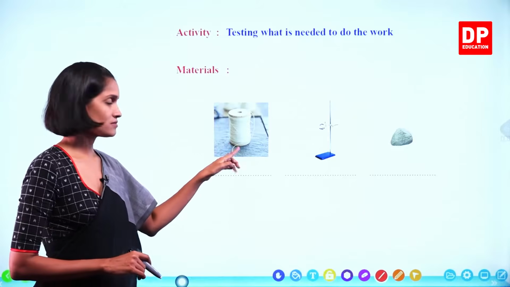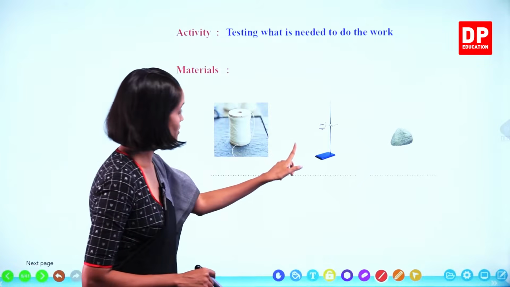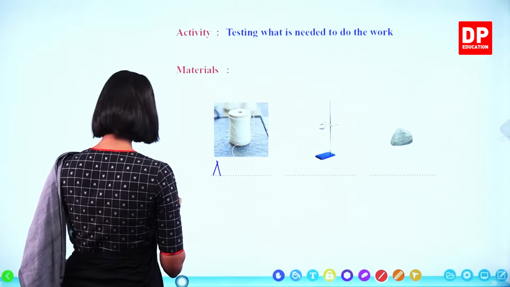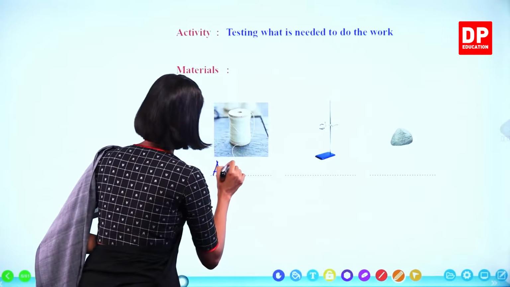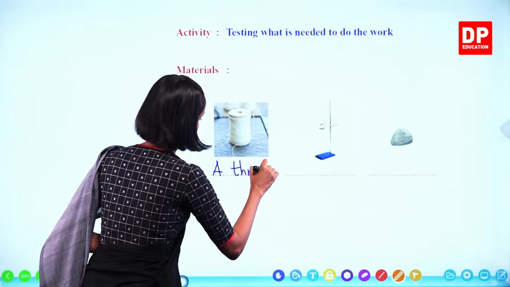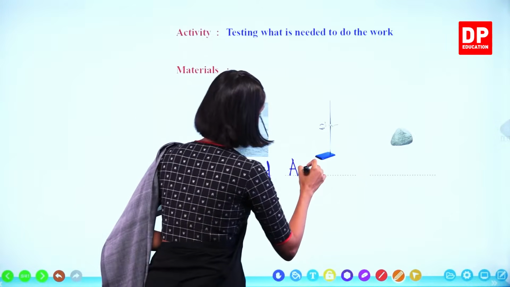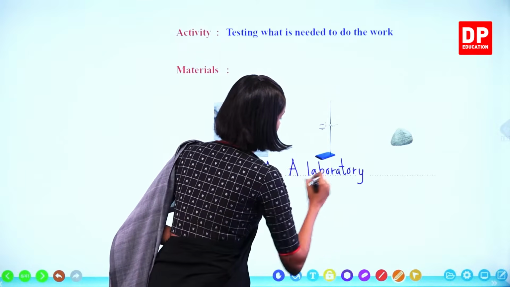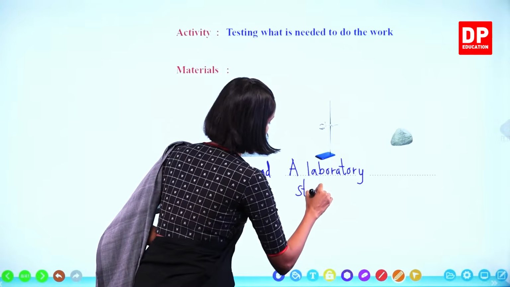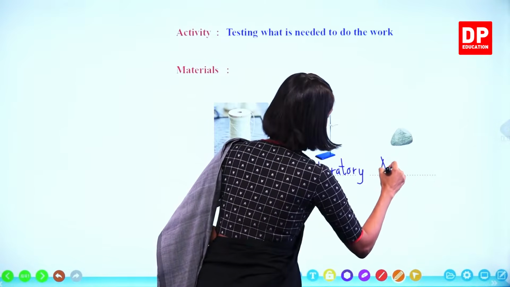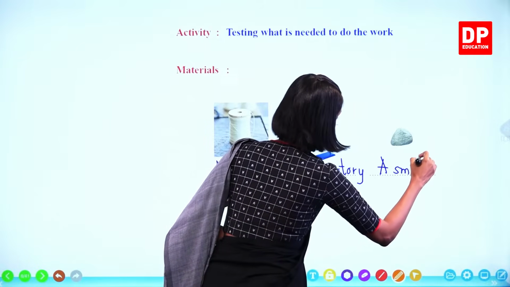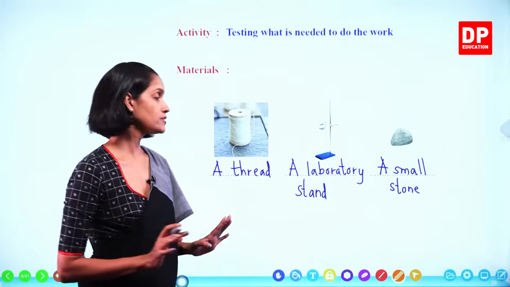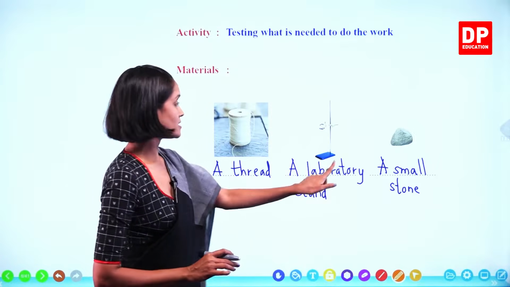We need a thread about 1 meter long, a laboratory stand, and a small stone. Right? A thread, a laboratory stand and a small stone.